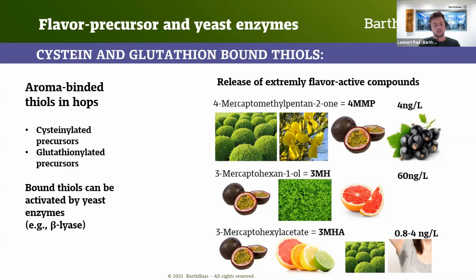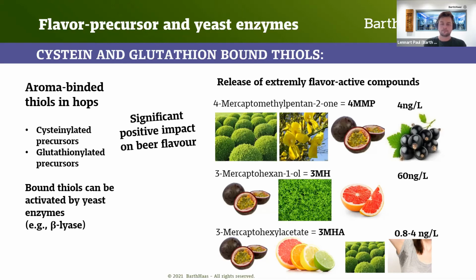The conversion rate is probably on the same level as beta-glucosidase, but it definitely has a significant impact on the flavor of the beer, because as you can see from the thresholds on the right side for 4MMP, 3MH, and 3MHA, they're pretty low: just 4 nanograms per liter for 4MMP or 60 nanograms for 3MHA.